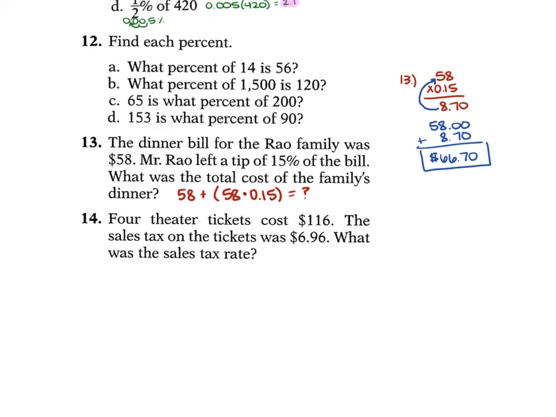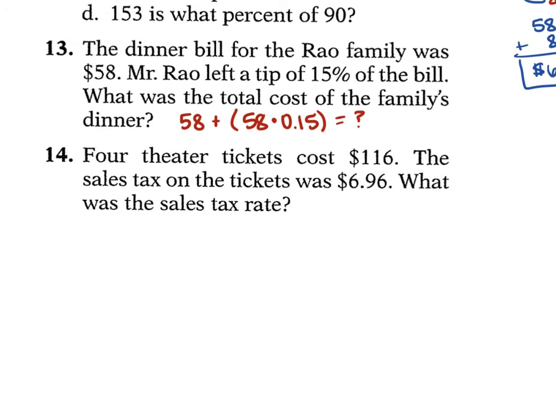14 says 4 theater tickets cost $116. The sales tax on the tickets was $6.96. What was the sales tax rate? So this is a good thing to use your is over of is equal to your percent over 100. So we're looking for the percent.